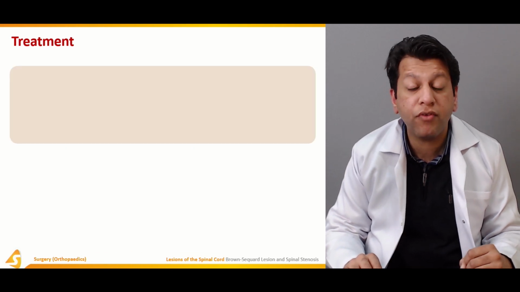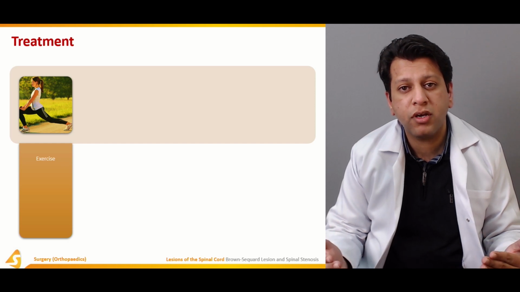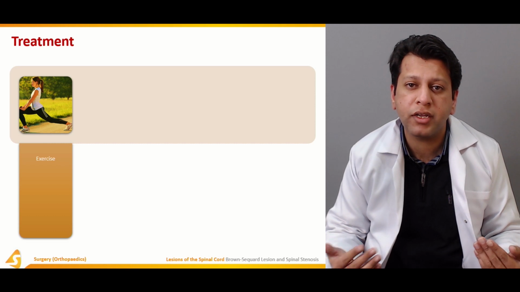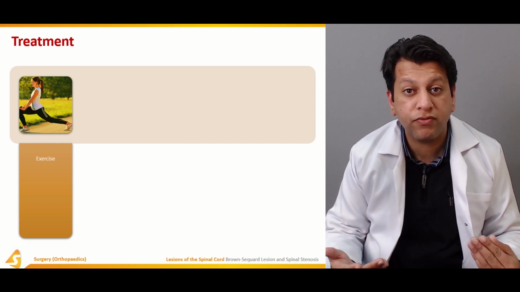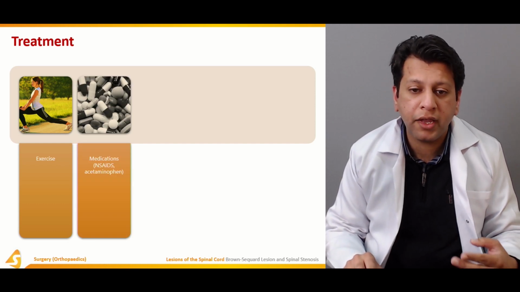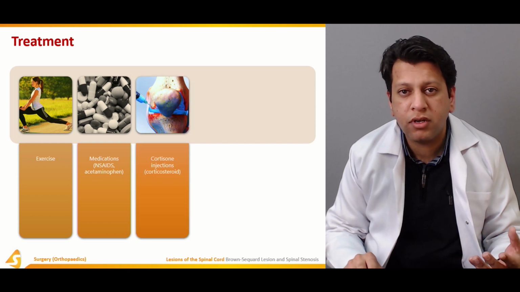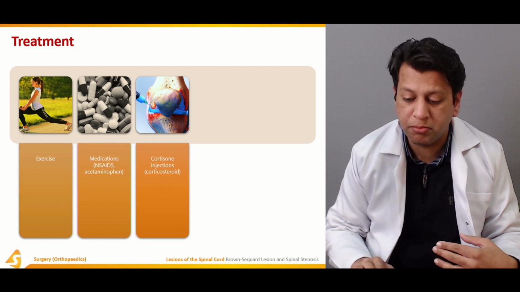Coming to the treatment of spinal stenosis, if it's not very symptomatic, or mildly symptomatic, it can be relieved with some degree of exercise and physiotherapy. The initial treatment could be NSAIDs with acetaminophen, or even corticosteroid injection, but these are usually in the very early phase of the treatment.